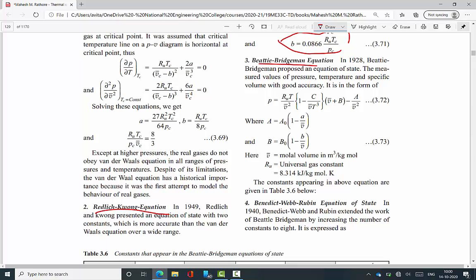In that equation they substitute three constants a, b, c.